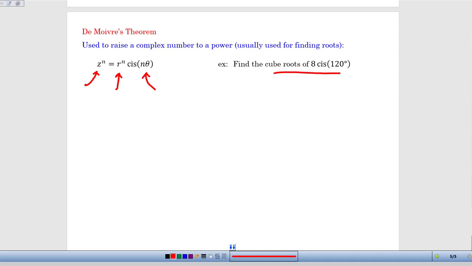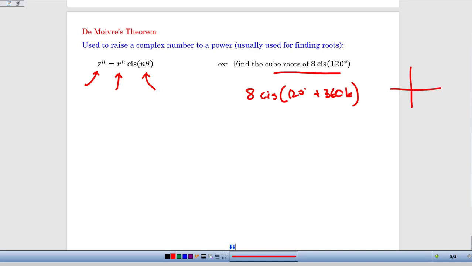Because one of the things that we have to consider is that when we're writing it in a complex number in this trigonometric form, really we've got 8 cis 120, but because we have coterminal angles with 120, we really have a plus 360, maybe we'll call it k instead of n here, plus 360k, multiples of 360 that we can add to that 120 that are coterminal.